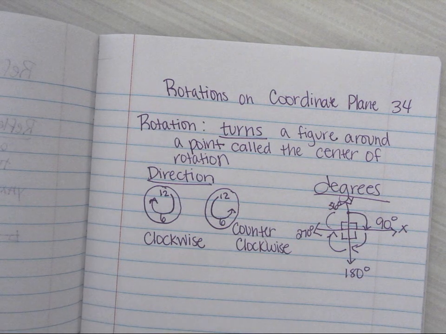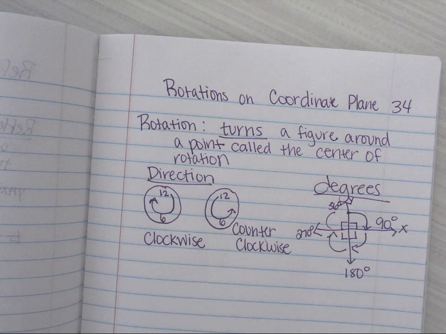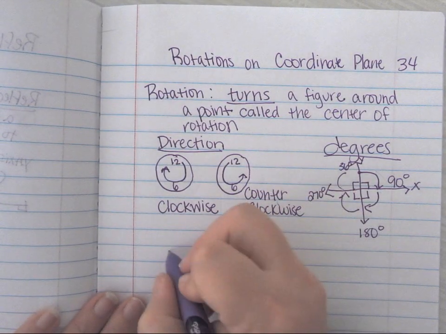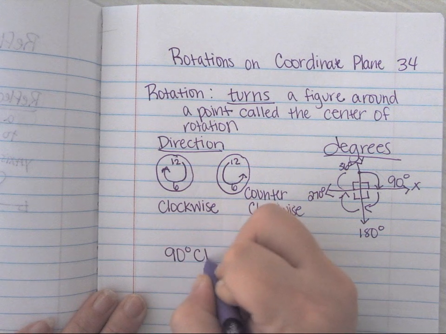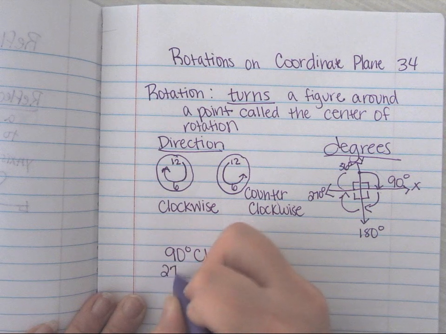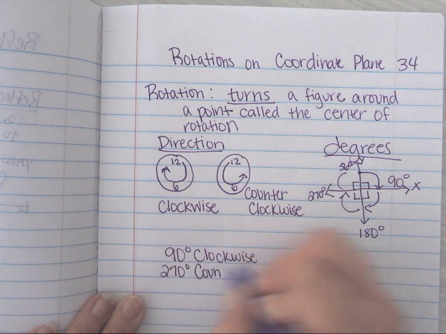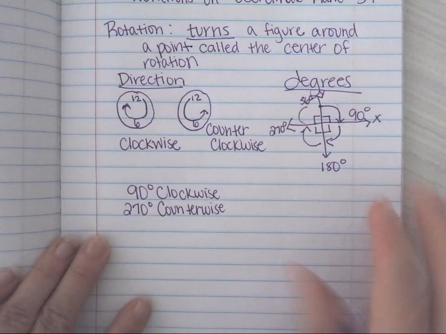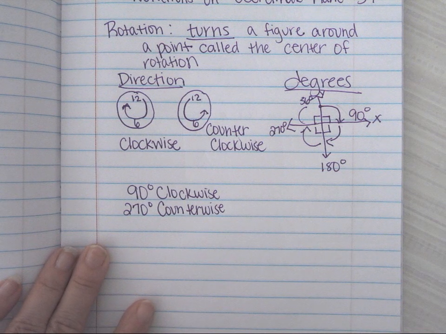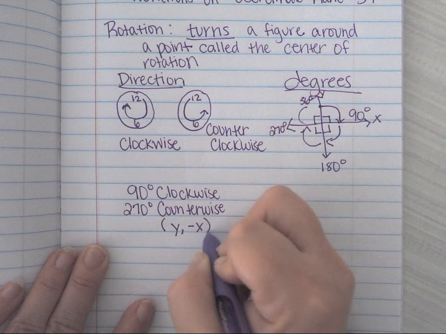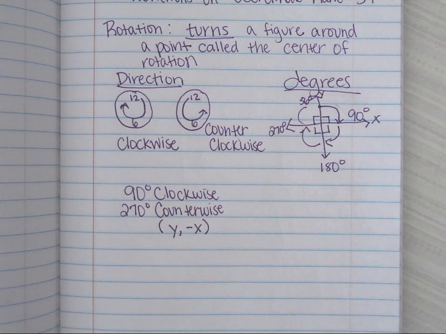All right, and now we're going to talk about the rules for turning those. Okay. If we do 90 degrees clockwise or 270 degrees counterclockwise, we switch our x and our y value, and our x becomes the opposite.